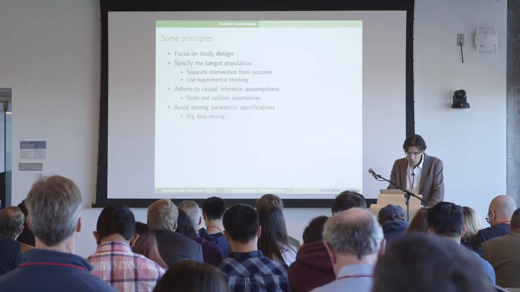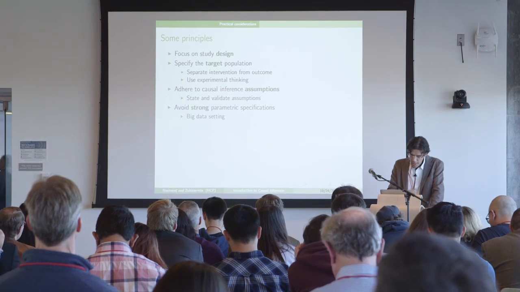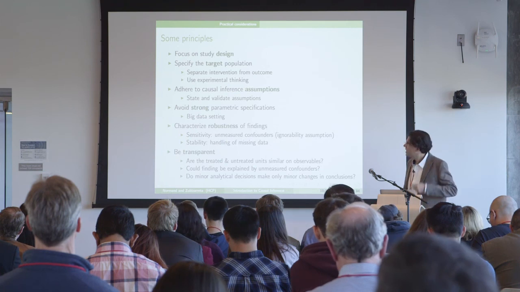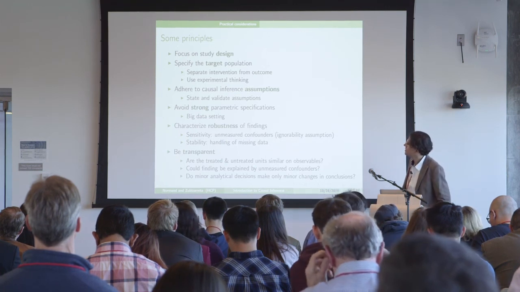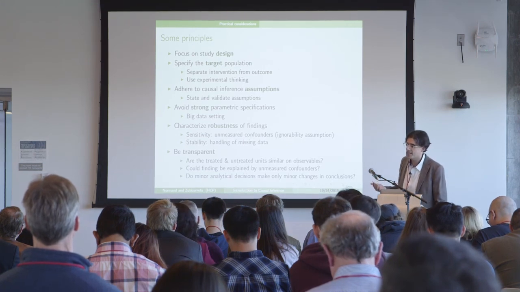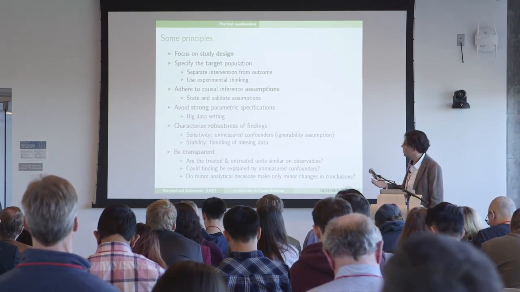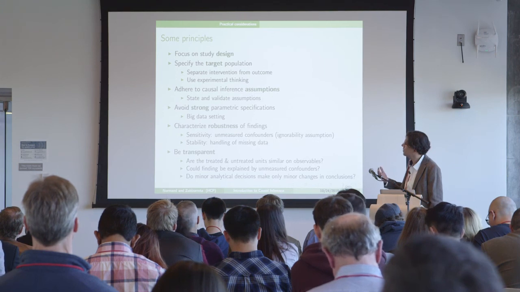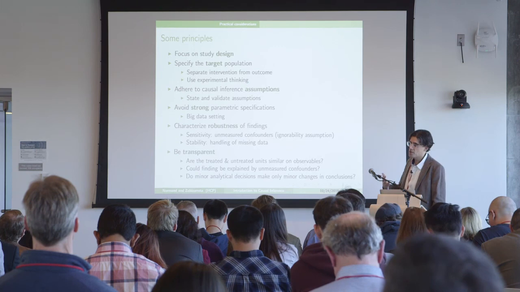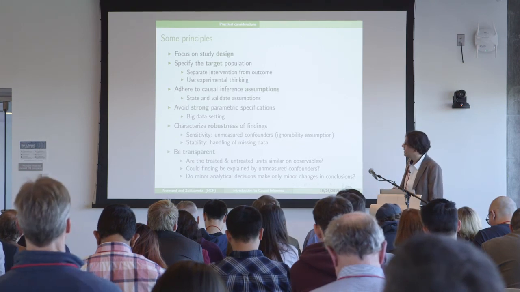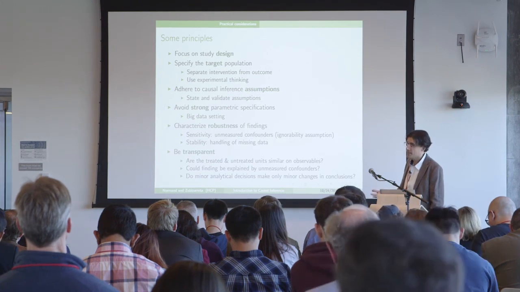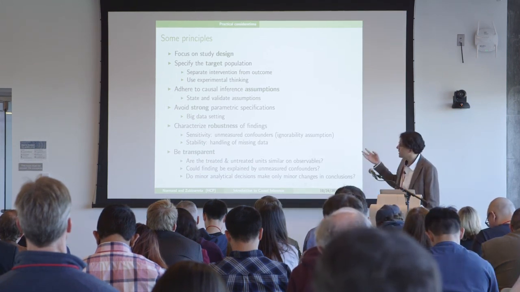Okay. So we have emphasized certain study design principles here, which we think are important regardless of whether we use matching or something else, right? If you're going to use a different method for adjustment, we still think it's really important to be careful about design, to specify what is the target population and your estimate, under what assumptions you can get to see that estimate from the observed data, and to avoid strong parametric specifications.